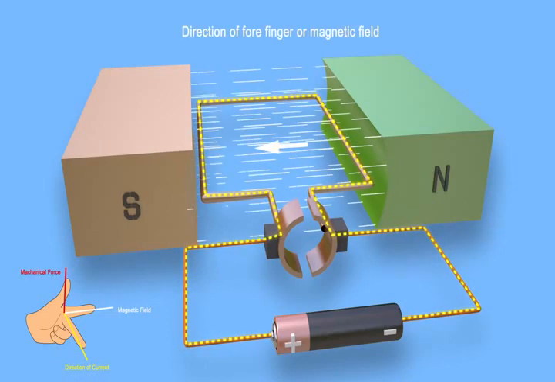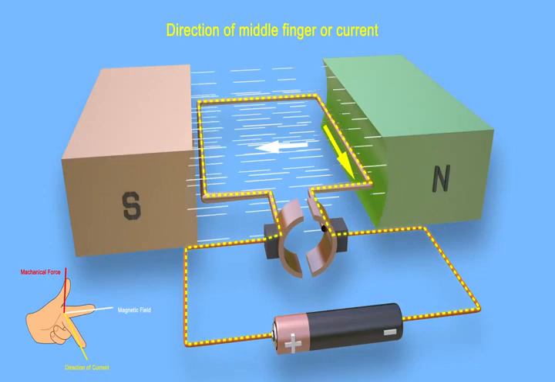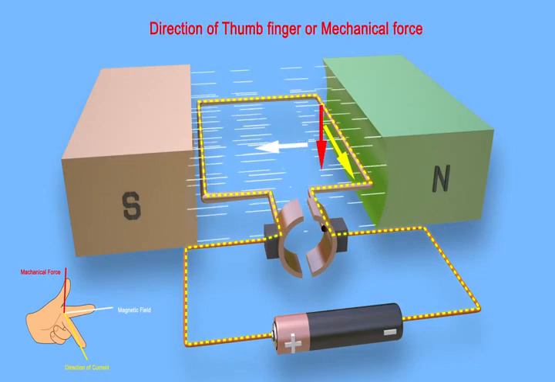Similarly, for the right side conductor, align the forefinger along the field and the second finger along the current, and the thumb indicates the direction of mechanical force.